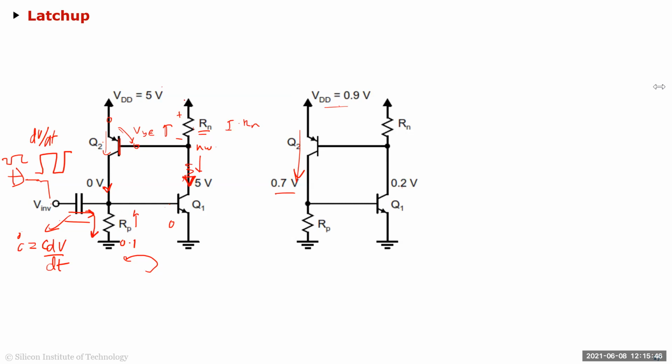How about you, Satya? Can you at least speculate how you can avoid this latch up? How about Shruti? Someone just, what I mean is, in this circuit you can come and tell me, oh, just reduce the beta of Q2, or change the resistance, or remove the resistance, or remove the transistor, something like that in the circuit.